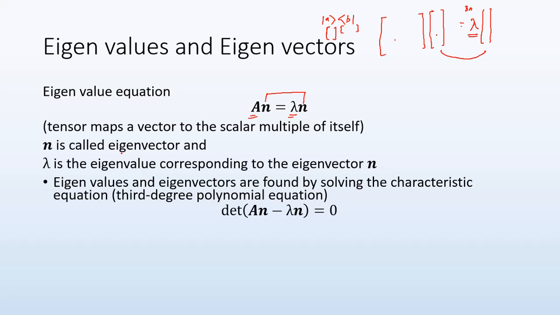You can find eigenvalues mathematically by taking the determinant of this equation, that is, the determinant of A − λI is equal to 0. This is a third degree polynomial equation.